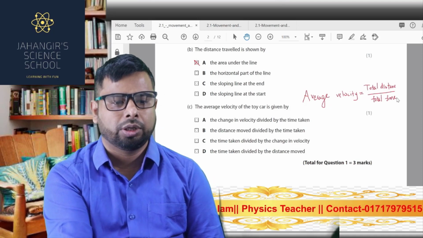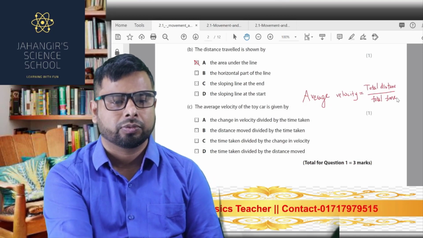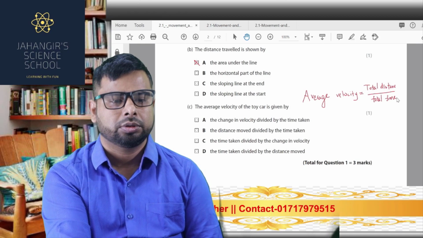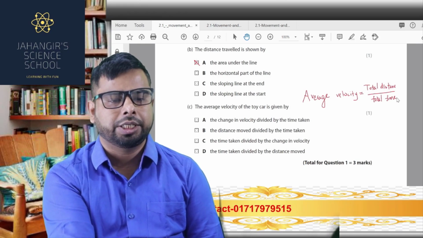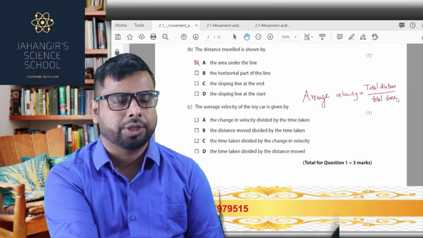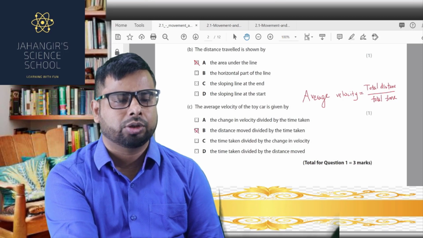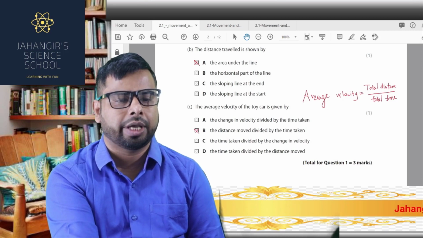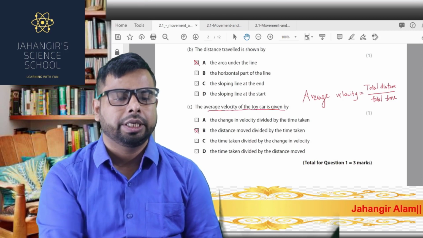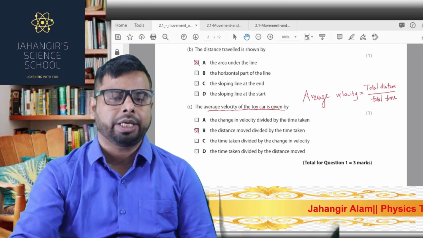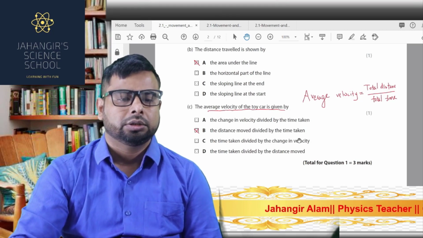So the answer will be B, the distance moved divided by time taken. So the average velocity of the toy car equals distance moved divided by time taken.